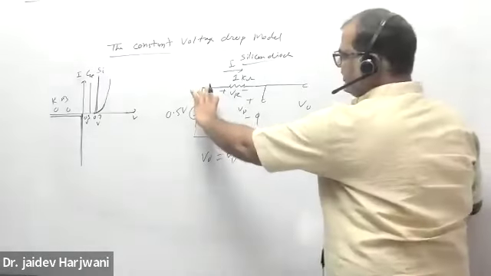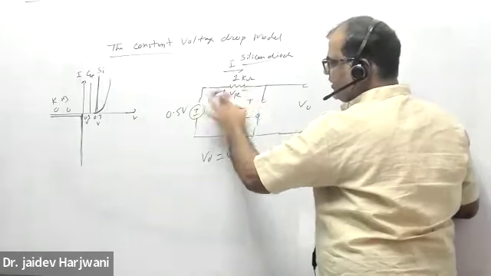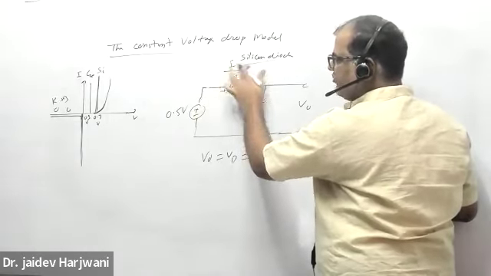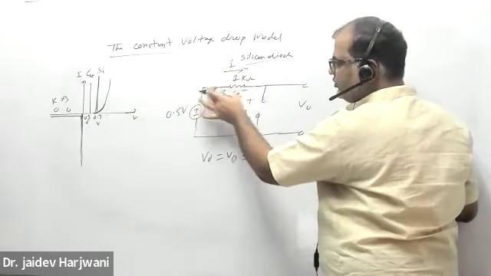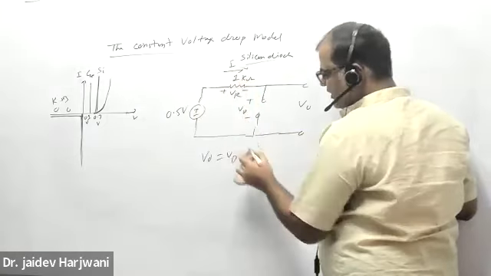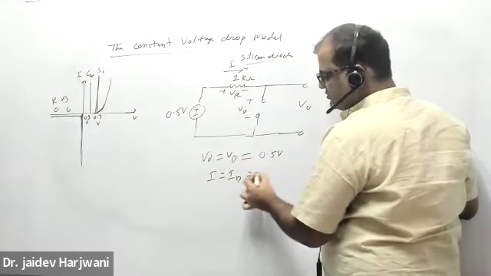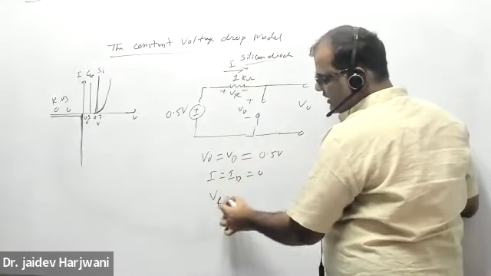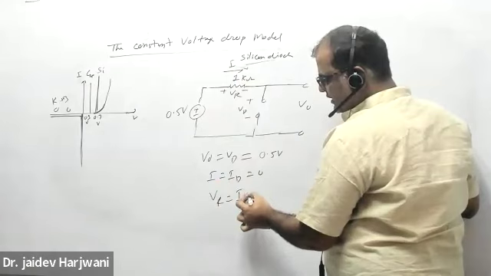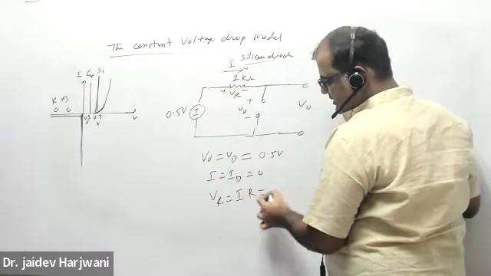Same voltage will come here because no current is flowing. I is 0, so no drop is there. This voltage is the open circuit voltage 0.5 volt, and I equal to ID equals 0, and VR, which is equal to I into R, is also 0.